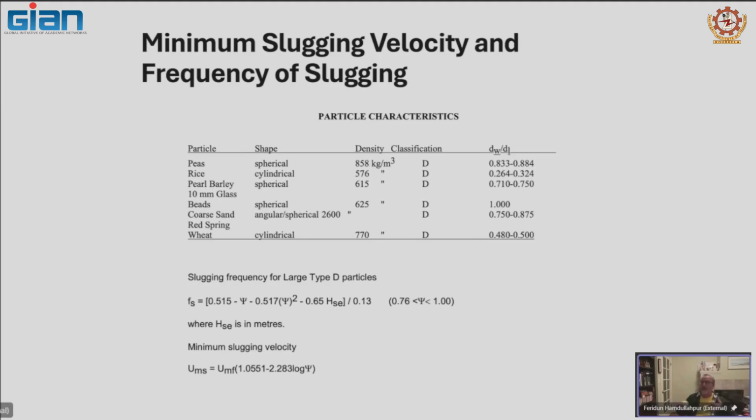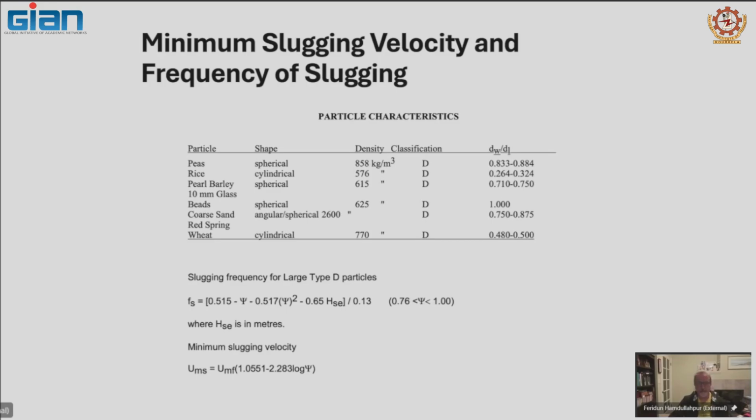In some cases, however, you don't want a spouted bed. You want a uniformly mixed one. So you have to be mindful about the size of the particles and the group of the particles. If you don't want a spouted bed, you will take some precautions, like controlling the air, but you may also want to put in some mechanical louvers and other means of breaking those spouts up into smaller bubbles, and then promote more mixing.